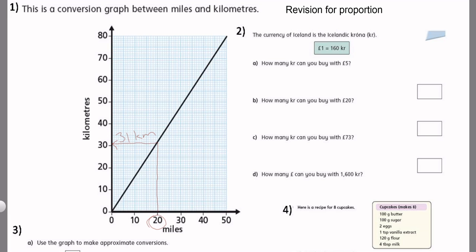Let's try another one. What if I wanted to convert 40 miles into kilometers? So you locate 40. Now let's try a different one. Let's try 35. That's 30. 35 is right there, between 30 and 40. Draw a straight line using a ruler, and hit the graph. Turn left.